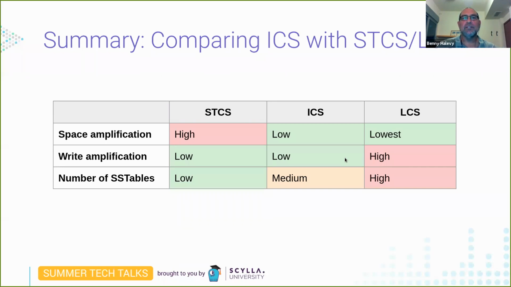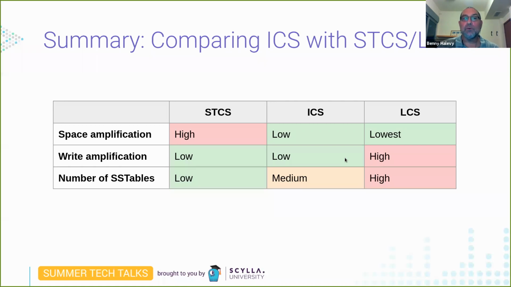However, write amplification is very high in LCS, which trades space amplification for write amplification. It's doing very aggressive compaction to keep space amplification low, and that costs it with very high write amplification.